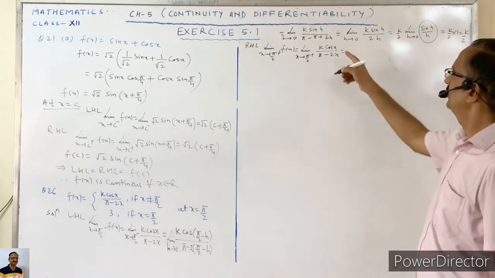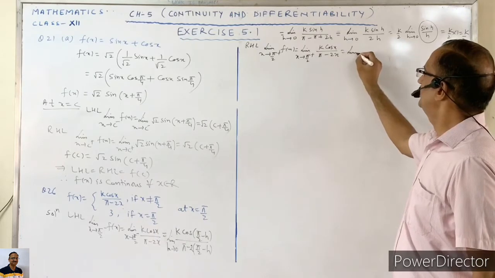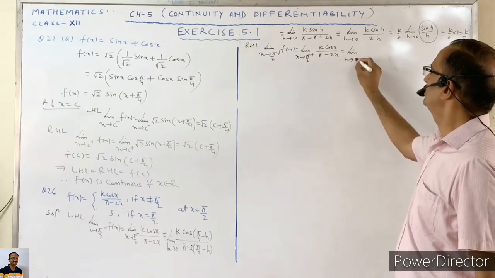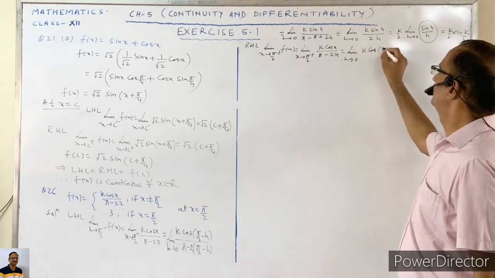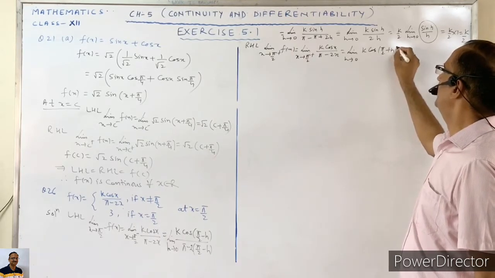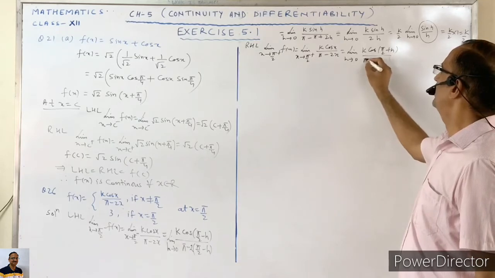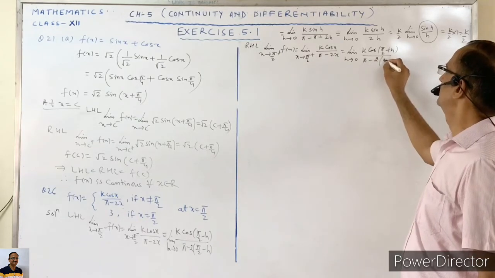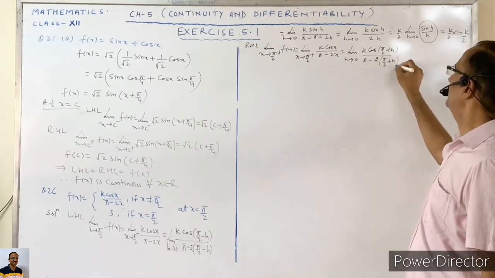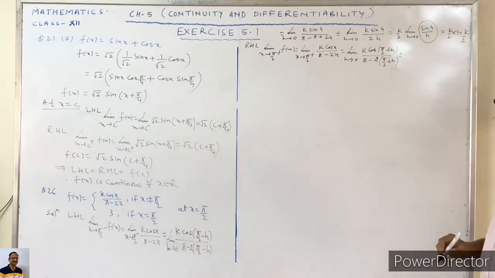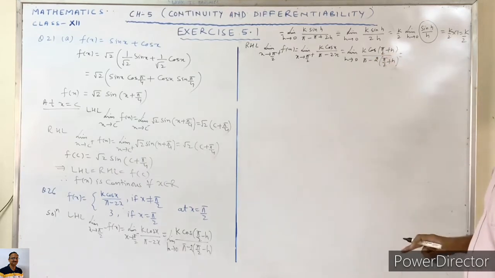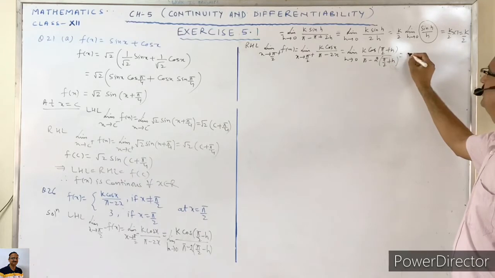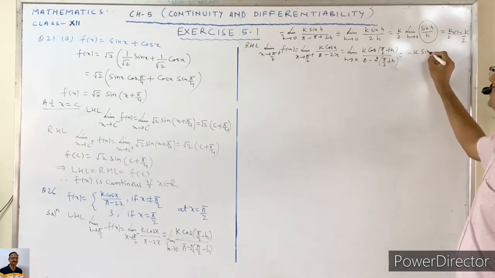When we put the value of x, then it becomes h tends to 0, and it is k cos(pi by 2 plus h). In denominator, pi minus 2 times (pi by 2 plus h). When we simplify the numerator, then this is cos(pi by 2 plus h), and its value is minus sin h. So we can write minus k sin h.